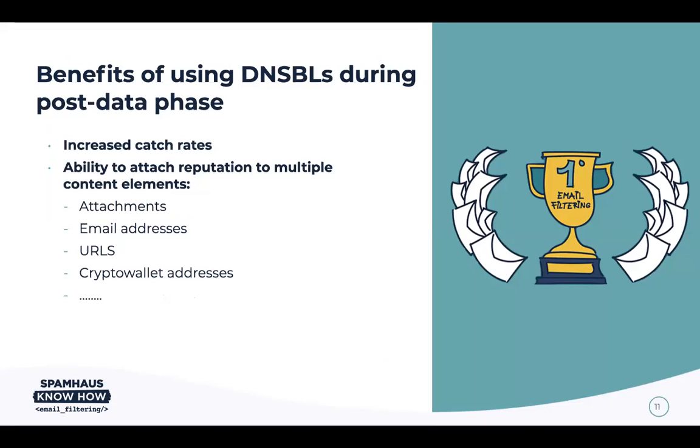As you saw within the actual email, within the contents of the email, there are lots of parts that are fairly easy to extract and fairly easy to apply reputation to, to apply the intelligence we offer once you've extracted them. So there's the attachment, there's the email addresses, any domains you might find, and that will bring you quite a bit of extra catch rate over just looking at the connection itself with just IPs or domains.